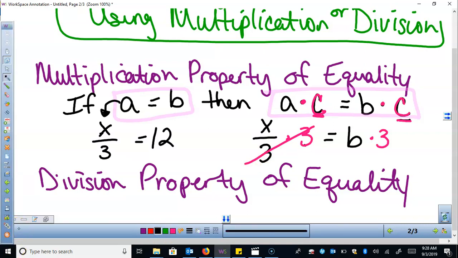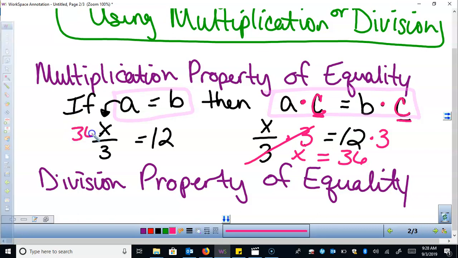And since B was equal to 12, it would actually be 12 times 3, which would give us x equals 36. If we put 36 right here, we'll find that this is also equal. So that's what they mean by equivalent equations. They are both equal when x is 36.